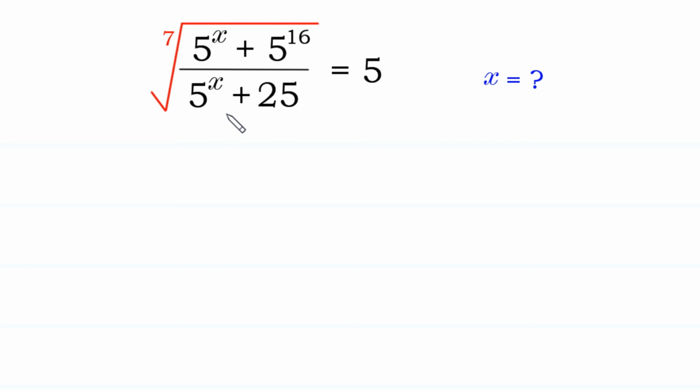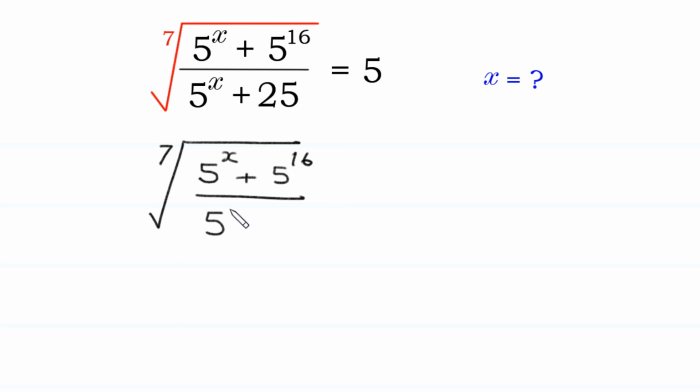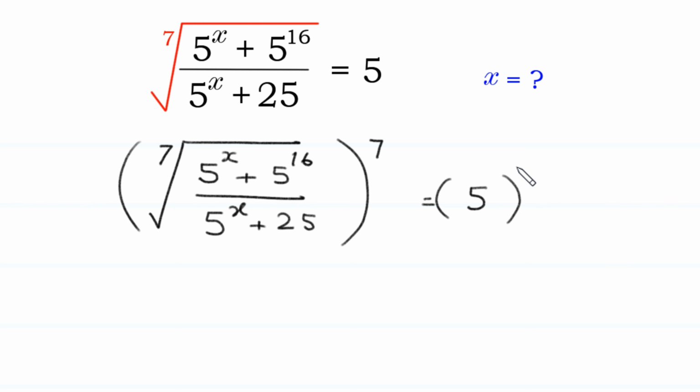First of all, we take power 7 of both sides of this equation. The 7th root of (5^x + 5^16 divided by 5^x + 25), we take power 7 on the left side, is equal to 5, and we take power 7 on the right side.